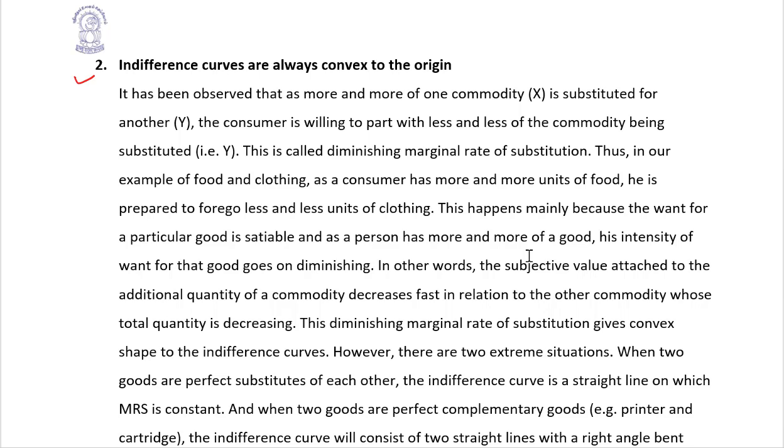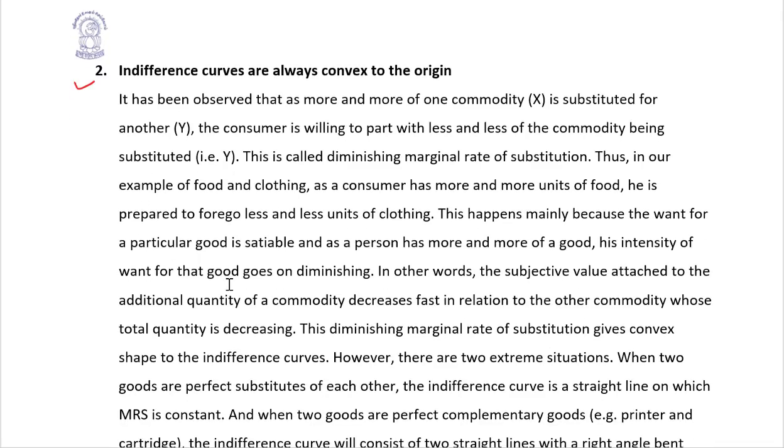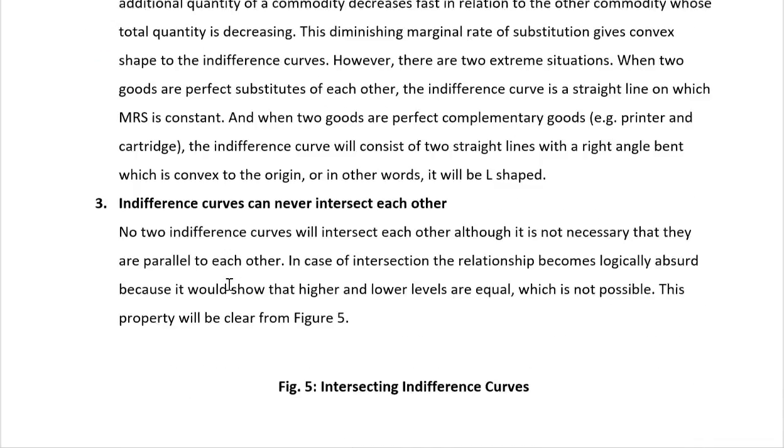Second, the IC curves are always convex to the origin. So students, it is not concave to the origin, it is convex to the origin. See, this is the origin and it is convex to the origin. IC is convex to the origin in this graph. Why does it happen?